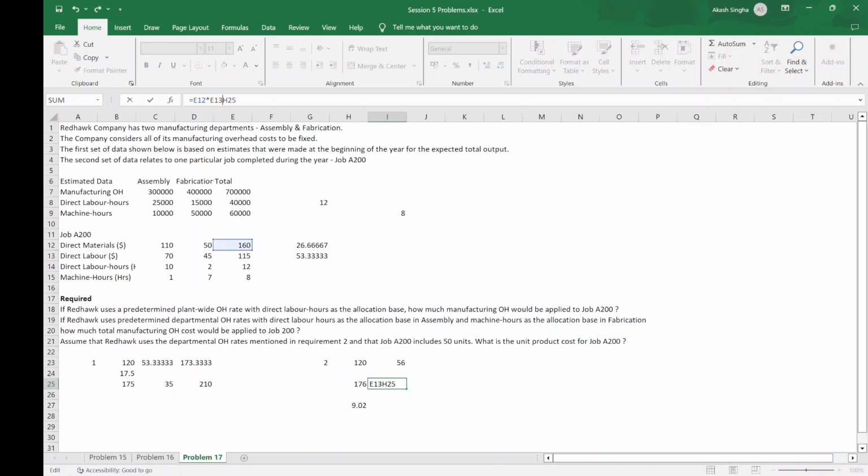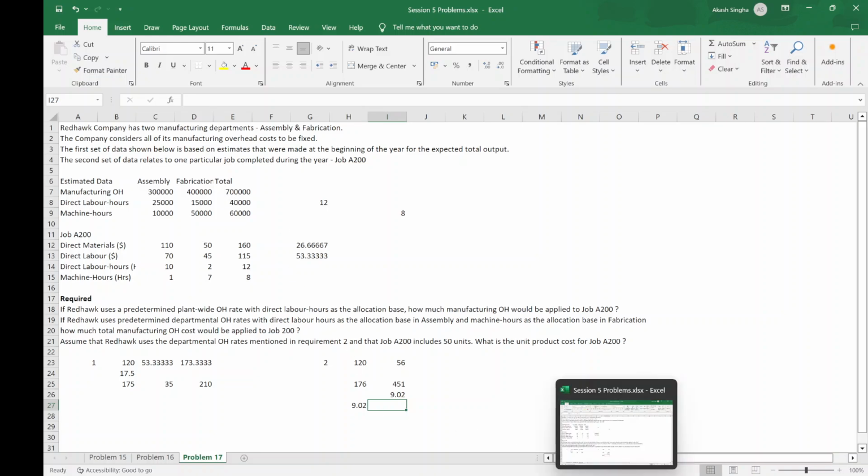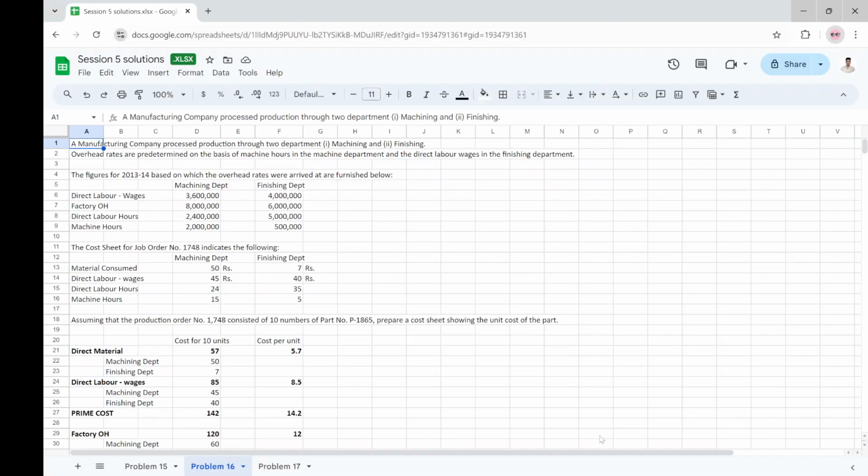Sorry, it will be plus. And we have 50 units, so just divide it by 50. I guess 9.02 is the answer, per unit. Let's check with Ma'am's solution.